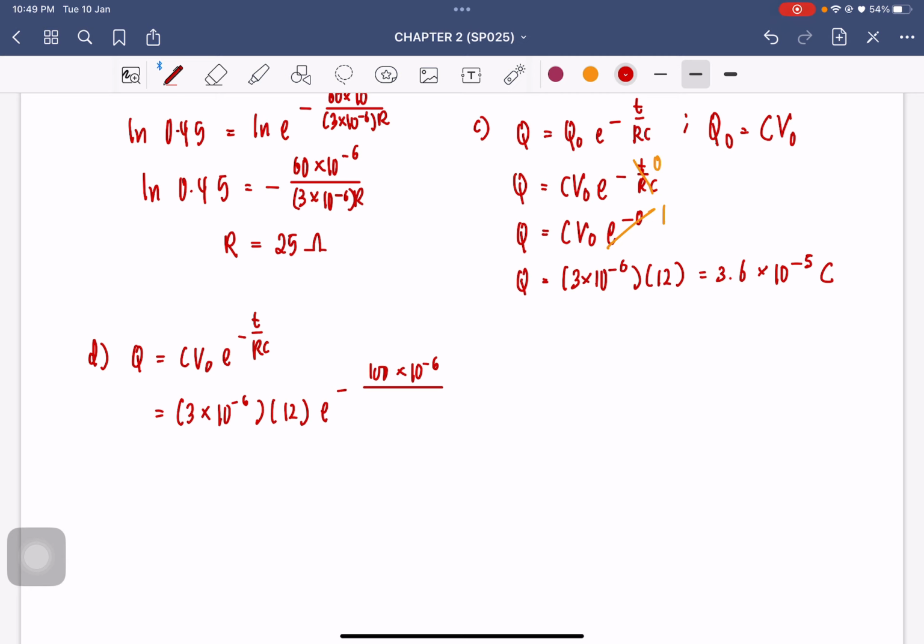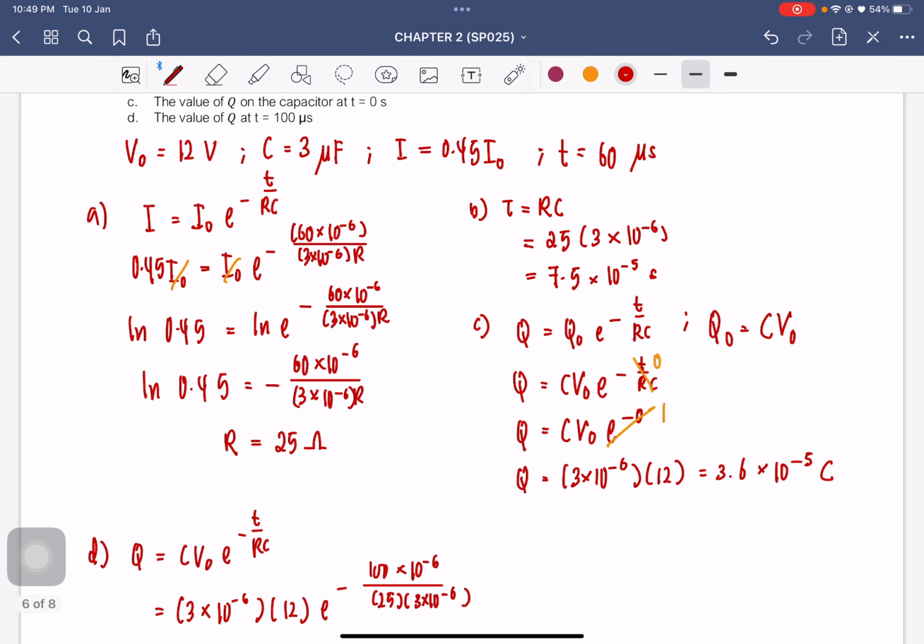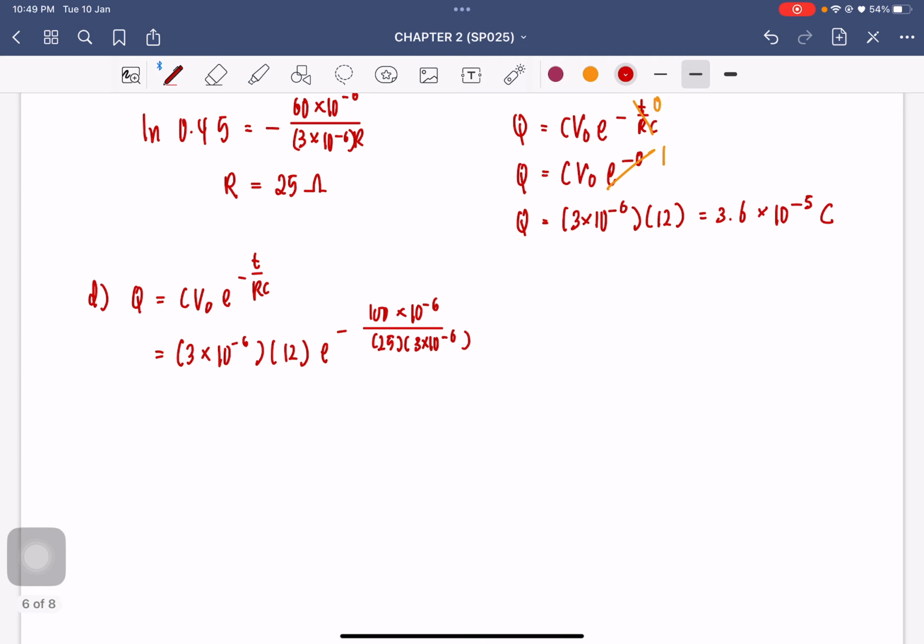So the value of R is 25. C is 3 times 10 negative 6. Okay, so dari sini kamu akan dapat jawaban 9.49 times 10 negative 6 coulomb.